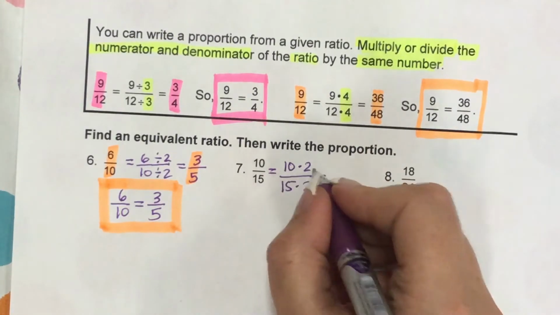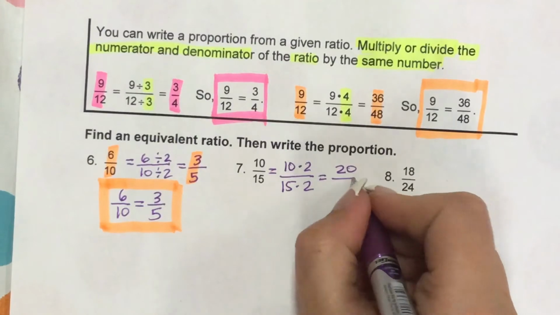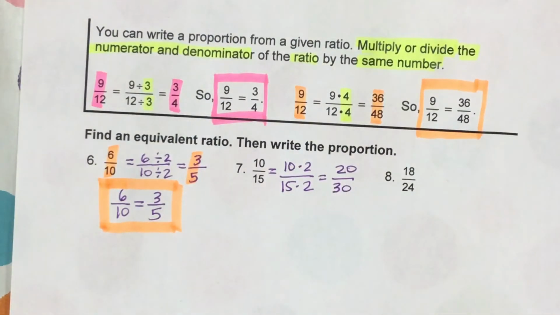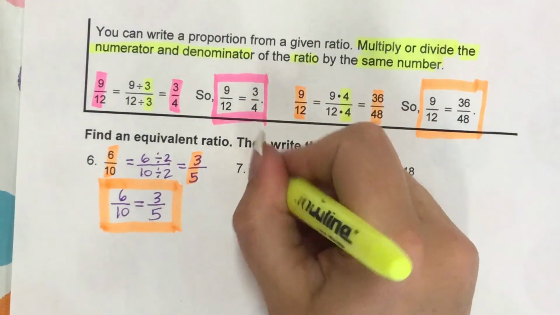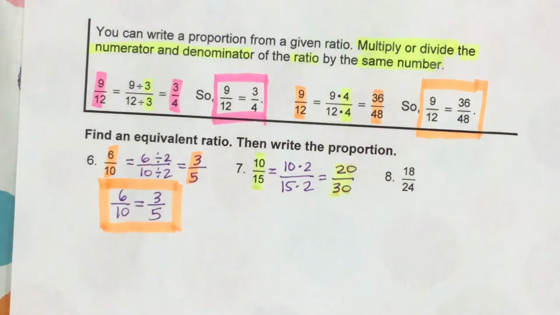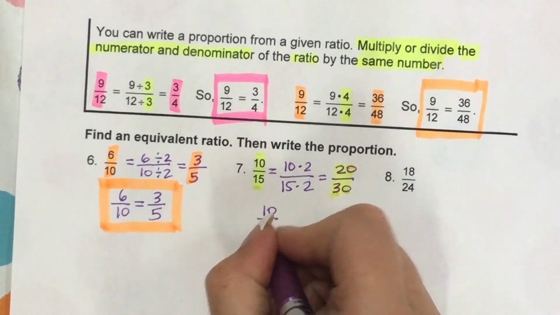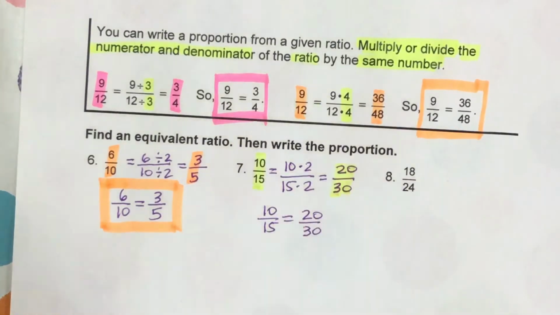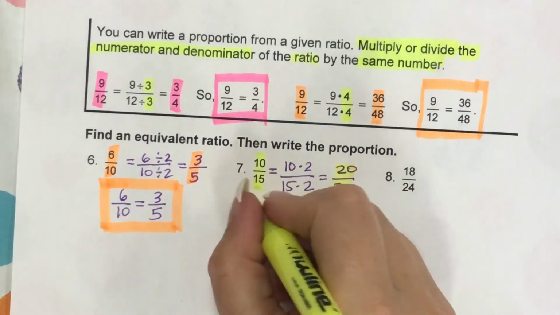That is equal to 10 times 2 is 20 over 15 times 2, which is 30. And so 10/15, this is the equivalent ratio. Those are equivalent. So if we want to write a proportion, we would just say, hey, 10/15 equals 20/30. And that is our proportion right there.